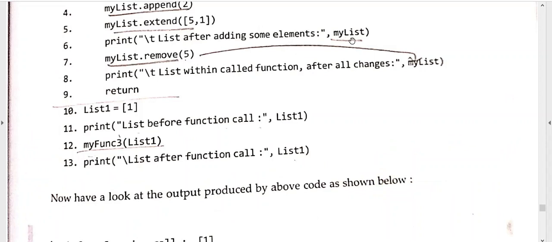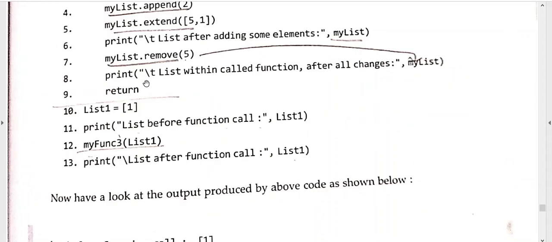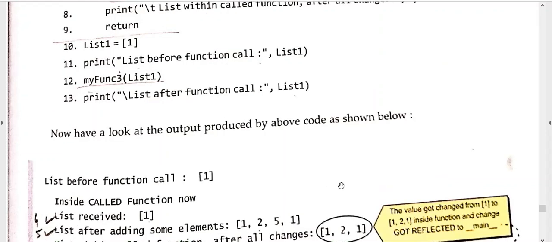Now we are trying to remove 5. After removing 5 from 1 2 5 1, the 5 will be removed and 1 2 1 will be left. So within the list all changes have been made, 5 has been removed. This has been done inside this function. After the changes, my list is this, as I have shown you.